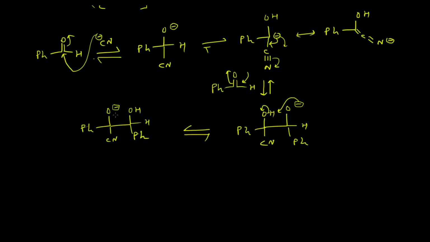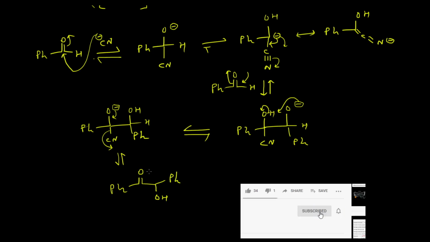After that, this O minus will form a carbon oxygen double bond, and this cyanide will leave from the system. This is our final step, which will produce benzoin as the product. So this is the complete mechanism of benzoin condensation.